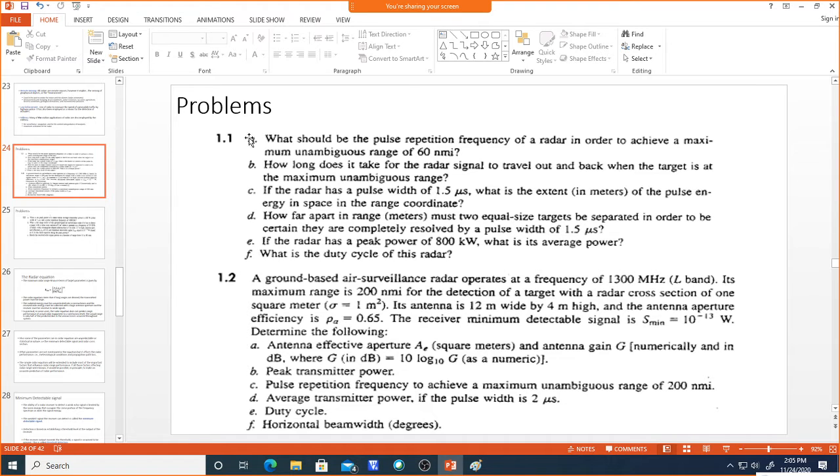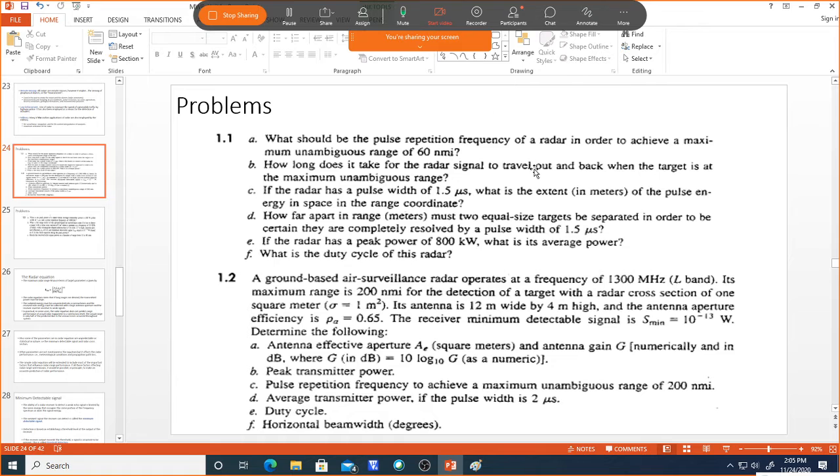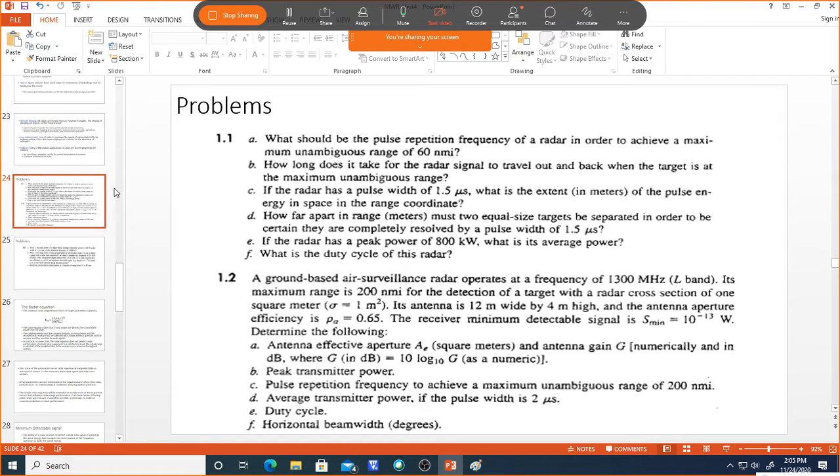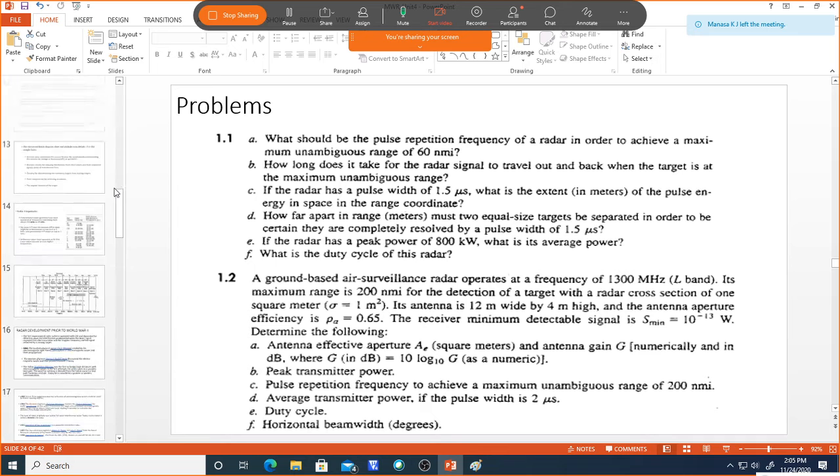So now, what should be the pulse repetition frequency of the radar in order to achieve a maximum unambiguous range of 60 nautical miles? For this we already know the equation, which is given by R unambiguous equals C by 2 into FP.